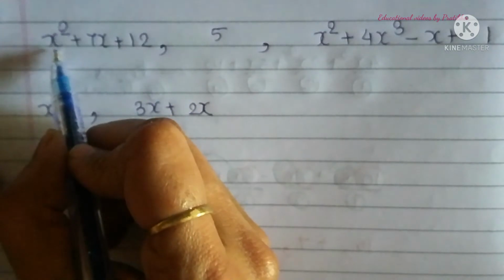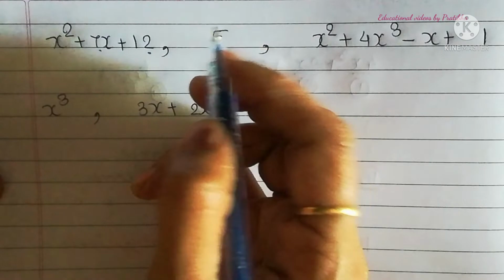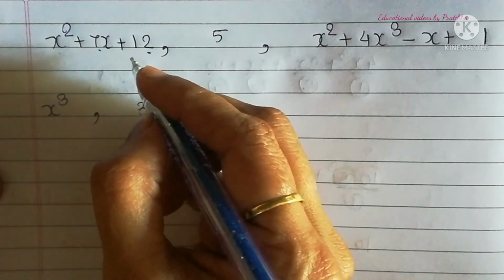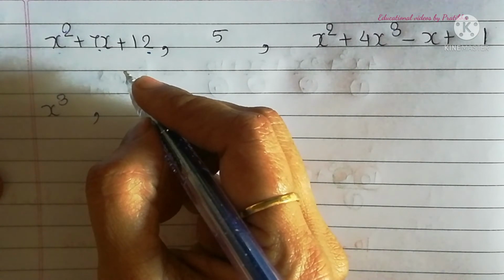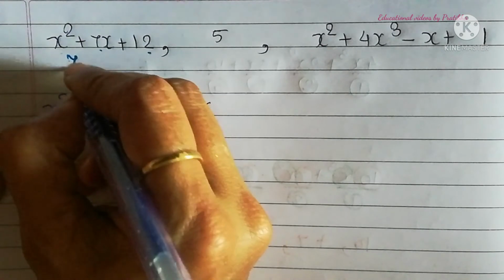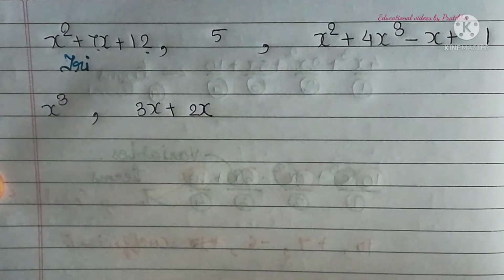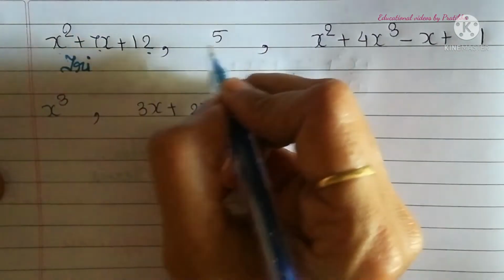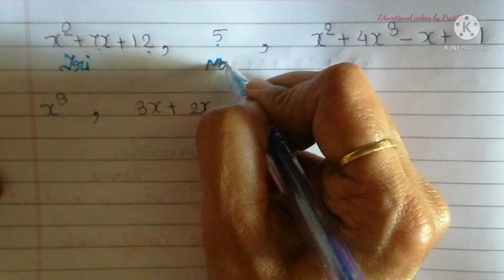So let us see a few examples. In this first expression, there are three terms. 3 means tri, so we will be writing it as trinomial. So I am writing only tri. So this is a trinomial. Now let's see the second example. In this example, only one term is present, so it is a monomial.